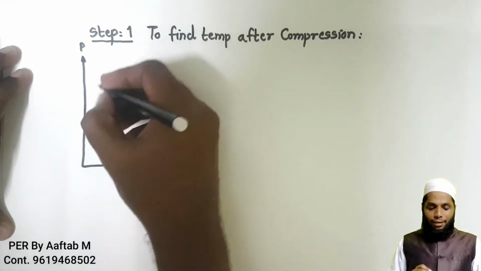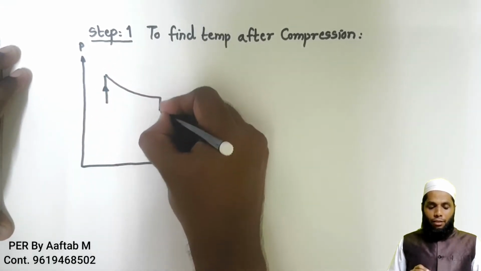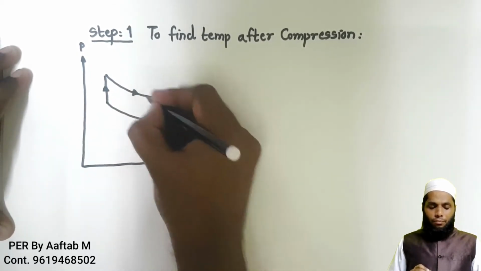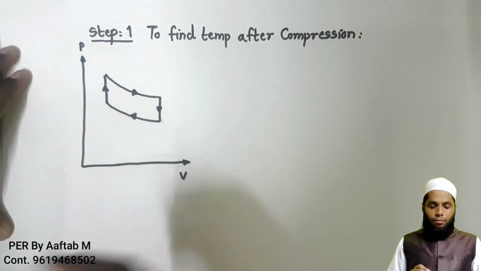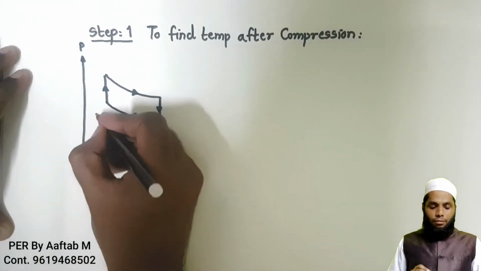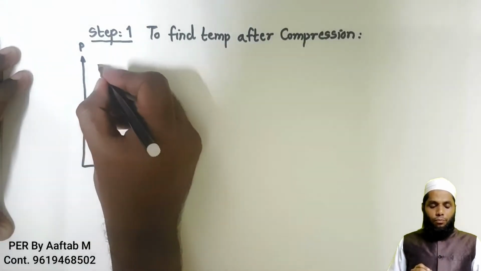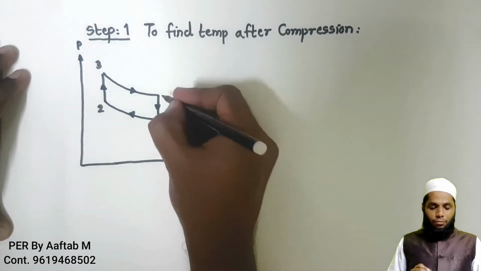So here are these diagrams. This is PV diagram where I will represent various processes. So these are various processes: from 1 to 2, it is adiabatic compression.